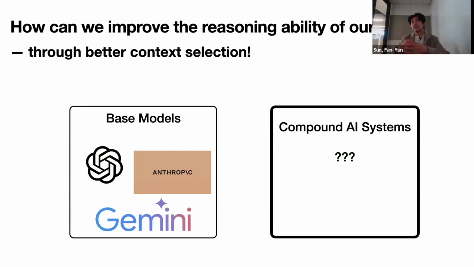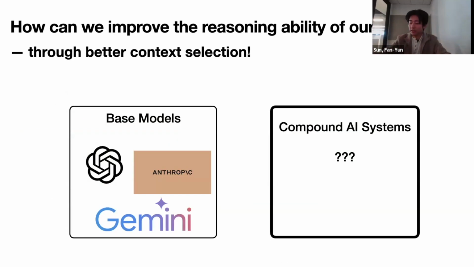If we roughly divide research into base model research and compound AI systems, frankly, I think base model research is also pretty interesting, but there are only a couple of great places to do it at the moment. Given that I'm in academia, I ask whether we can do this in compound AI systems.